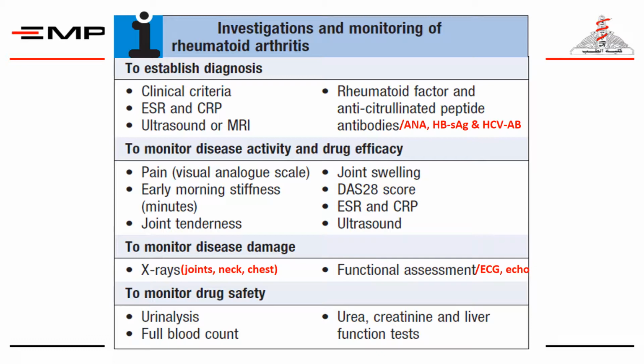ESR and CRP usually are elevated when there is activity of arthritis. Ultrasound or MRI can detect early synovitis.